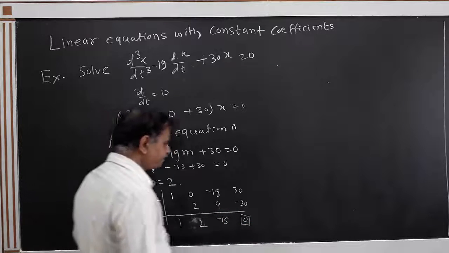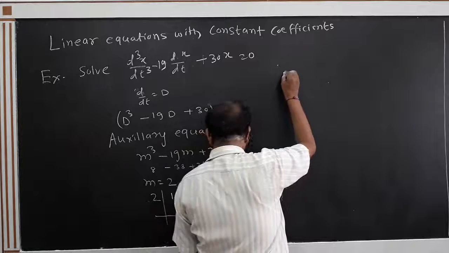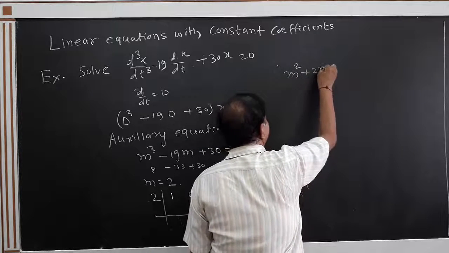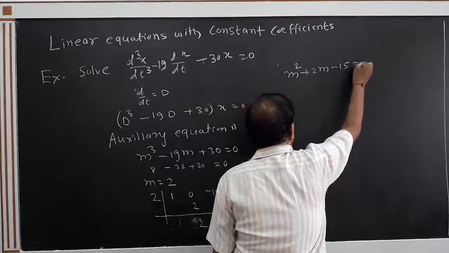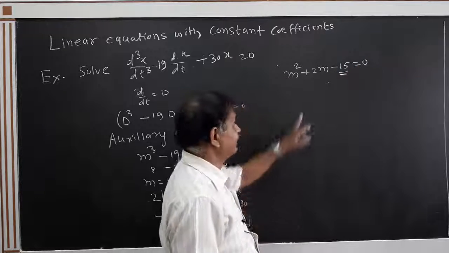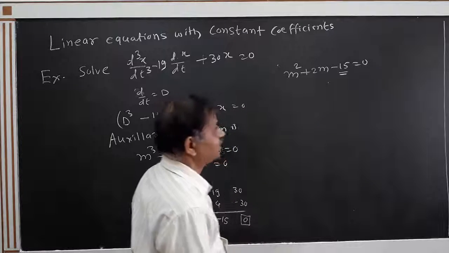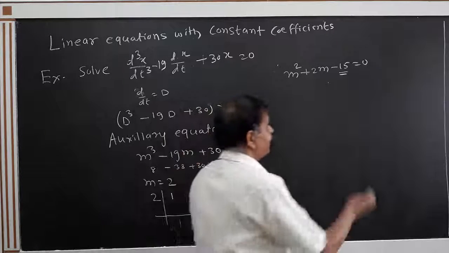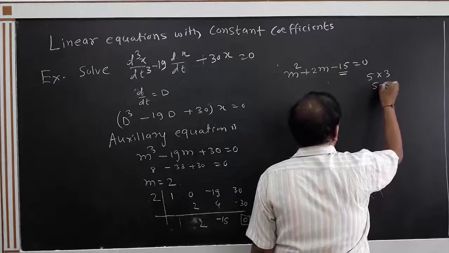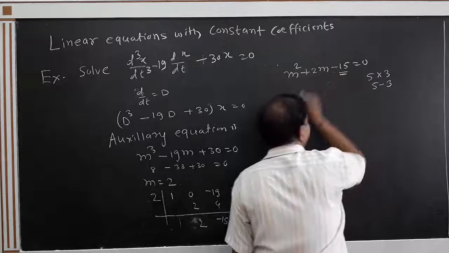Therefore, the second quadratic equation is m square plus 2m minus 15 equal to 0. This 15 can be factorized in such a way that their difference is 2. 15 can be factorized as 5 into 3, so that 5 minus 3 is equal to 2.